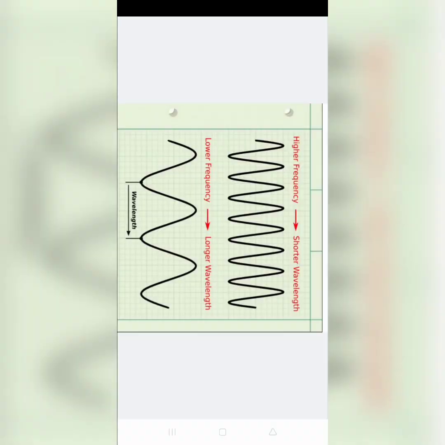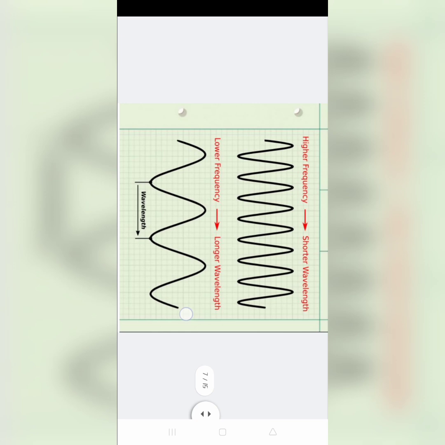We will discuss the wavelength and its relation with frequency and energy. A radiation which has lesser wavelength will have higher frequency. That means more cycles of a wave pass through a point per second. A radiation which has more wavelength will have lesser frequency.